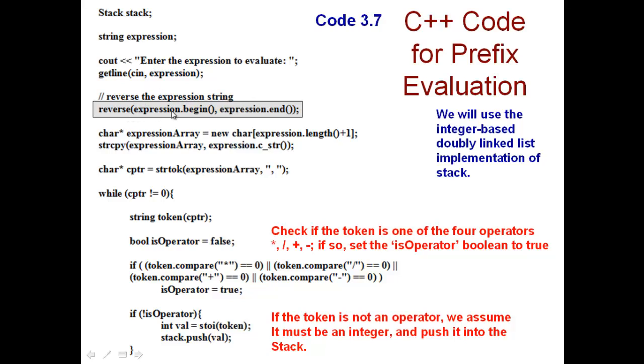This is why I showed you the reverse code before. You can reverse the expression using this logic: expression dot begin, comma, expression dot end, so it will reverse the entire string, and that will be the updated value of this expression string. Then you can generate the character array for that expression.